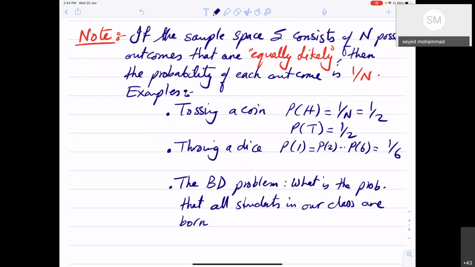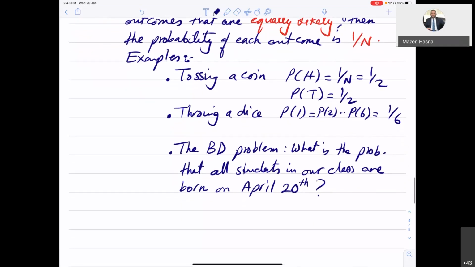Saeed or Sayed. Okay. What's the probability that all students in our class are born on, for example, April 20th? So this is a single outcome in the whole sample space.